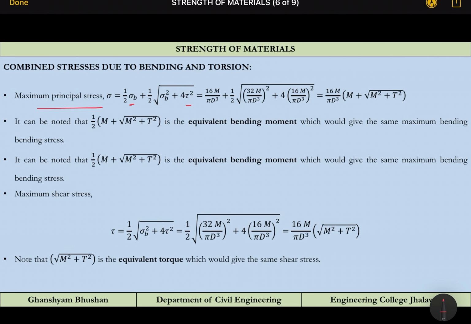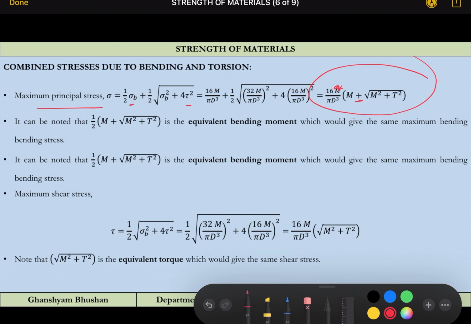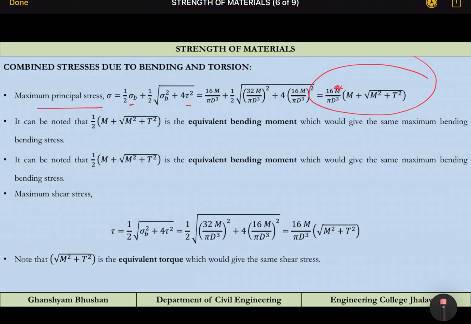Putting all the values here, we get 16 by pi d cube into M plus root over M square plus T square. This is the maximum; for the minimum it will be minus, so M minus root over M square plus T square.